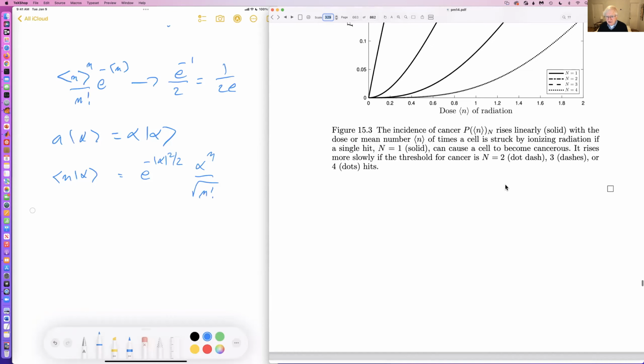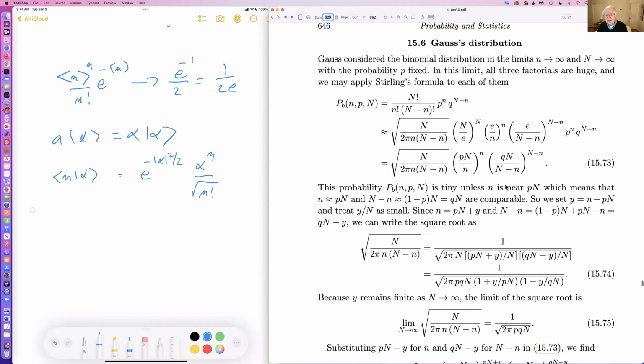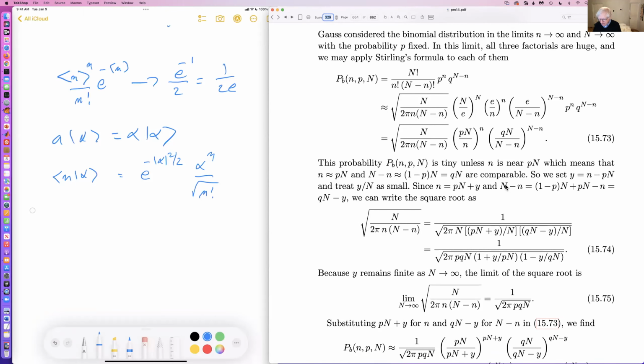All right, I think we can skip the cancer thing. Now, Gauss took a different limit. What he said is, well, this binomial distribution is exact, but let's take the limit. So let's switch now to Gauss. He said, let's take the limit where the number of successes goes to infinity, and the number of trials is also going to infinity, but P is fixed.